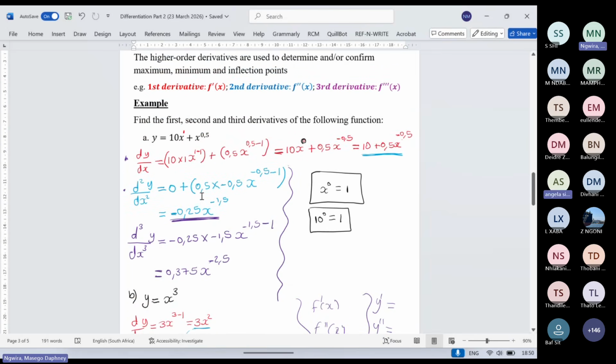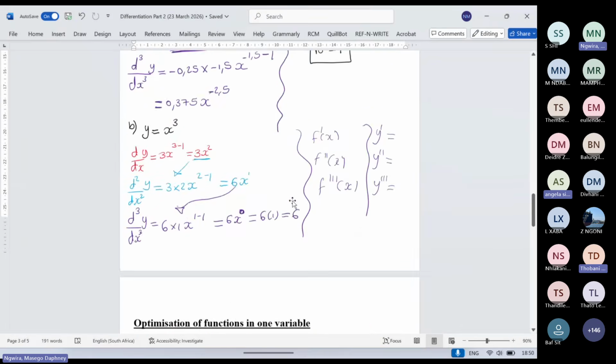Are you talking about this one? Yes, ma'am. You see there by the end, the first time you derive, you see that minus 0,5. I thought when you derive the second part, after the plus 0 plus open bracket, maybe you were going to start with minus 0,5 times. Oh, it doesn't really matter. If you say negative 0,5 times 0,5, it's the same thing. Okay, thank you.